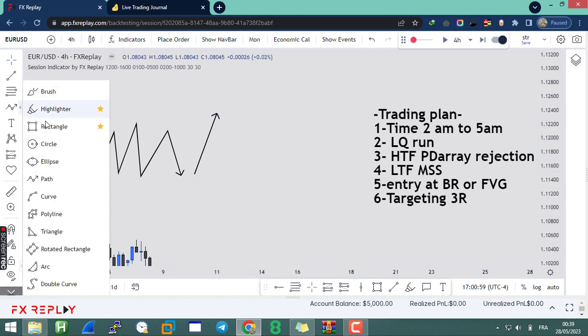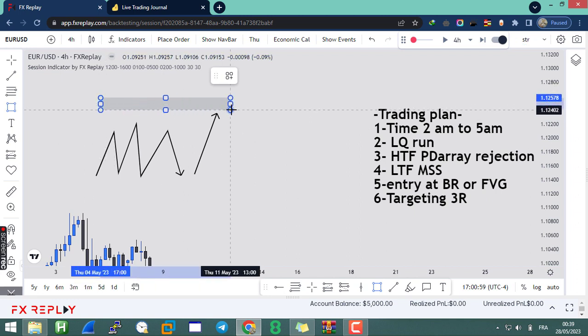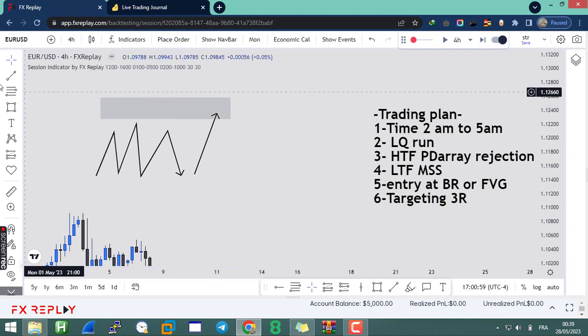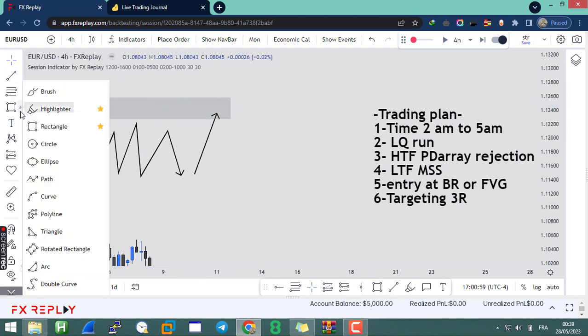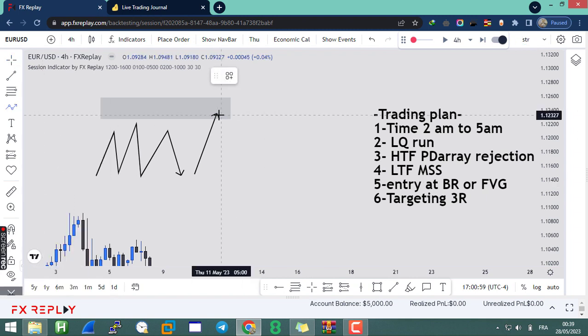Hit a higher time frame PD array. And from that you need to see a lower time frame market structure shift, and basically enter on a fair value gap or a breaker, as the fifth step shows you. And targeting 3R.